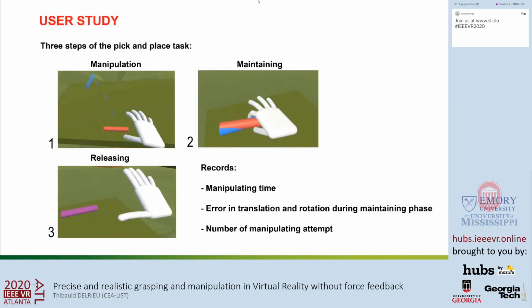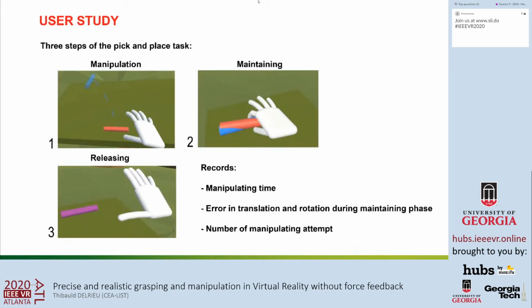The experiment consists of a pick-and-place task for these objects, which is decomposed into three phases. The manipulation phase starts with the appearance of the object and its associated target. The subject has to bring this object to the target.